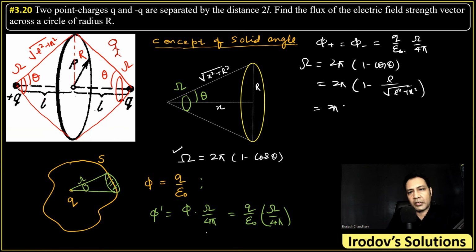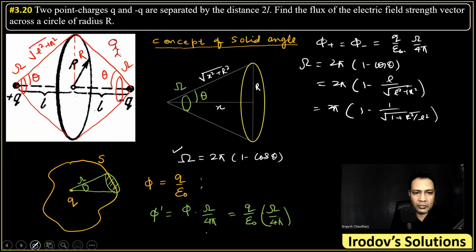If I take this L outside the square root sign, L and L will get cancelled. So that will simply become 1 minus 1 upon square root of 1 plus R square by L square. Just put the value of omega here, and you see one thing: overall flux is equal to flux due to positive plus flux due to negative.